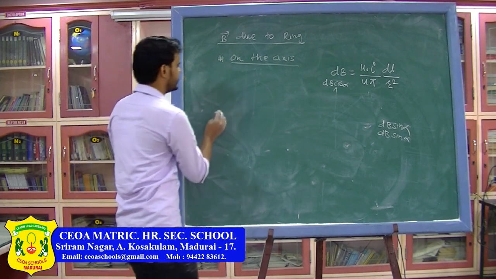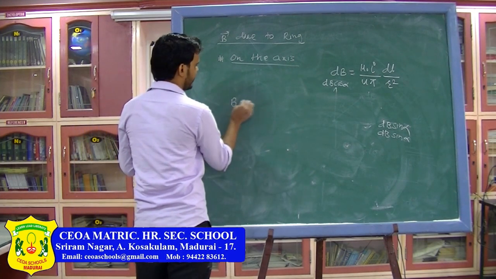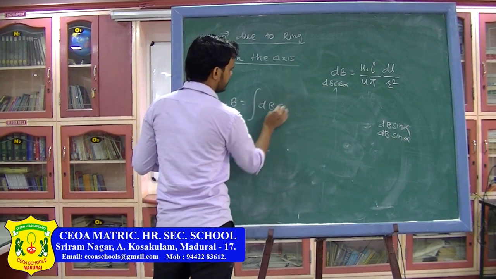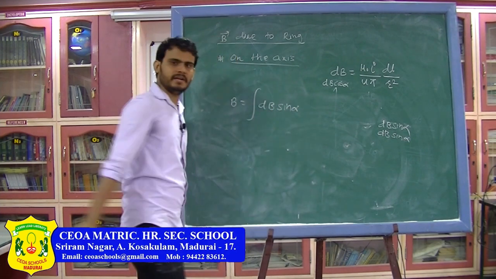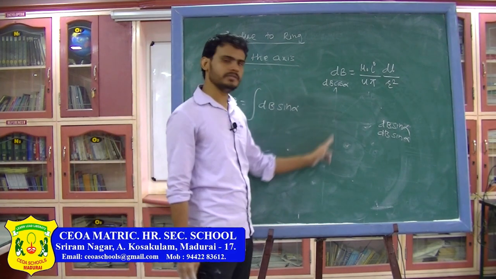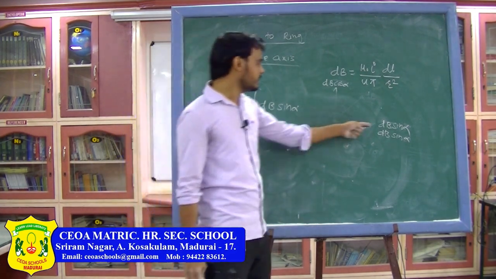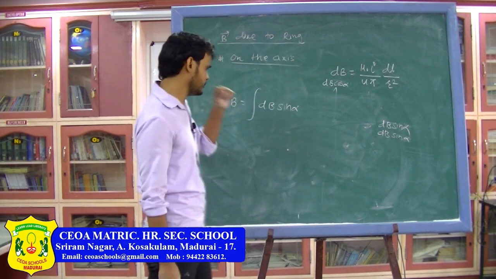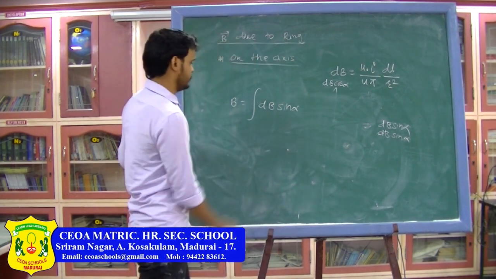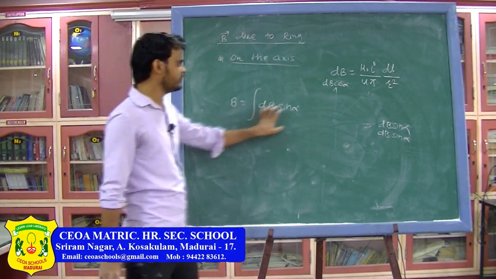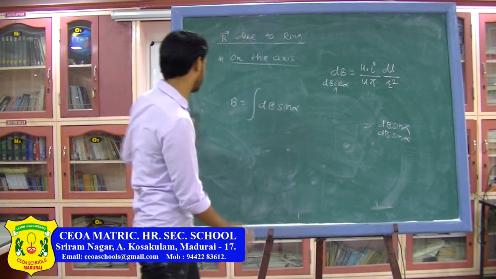So, the total magnetic field I can write, it will be the integration of dB sin alpha, because if I take very small element, the components which are opposite to each other will cancel out and net magnetic field will be along the axis of the ring. So, here the integration will be dB sin alpha, and the value of dB you can write from here.